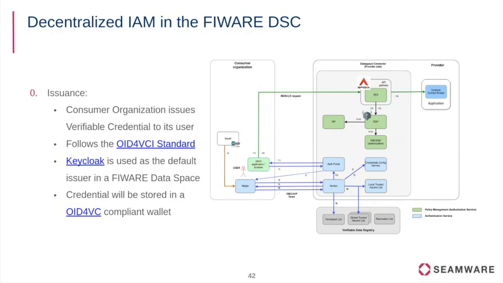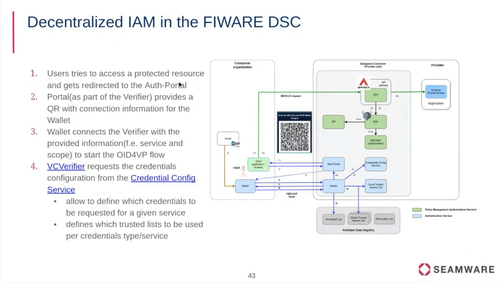So as a first step in the authentication authorization flow in the FIWARE Data Space Connector, our user on the consumer side gets issued a verifiable credential into its wallet. The credential will be stored in this OpenID for Verifiable Credentials compliant wallet, and now the user can use this credential independently from the consumer organization. So the issuer is not involved anymore, the consumer organization itself also not.